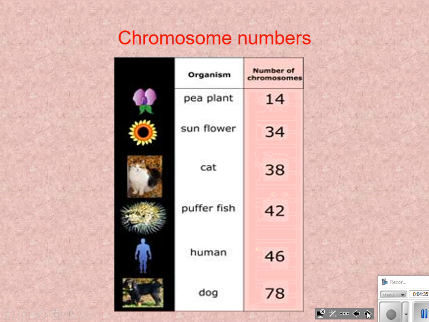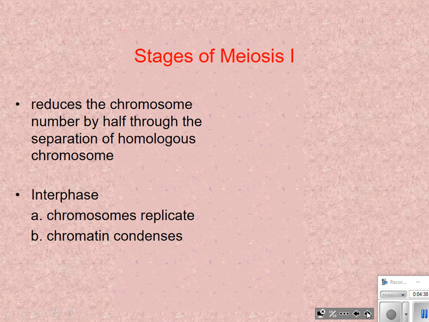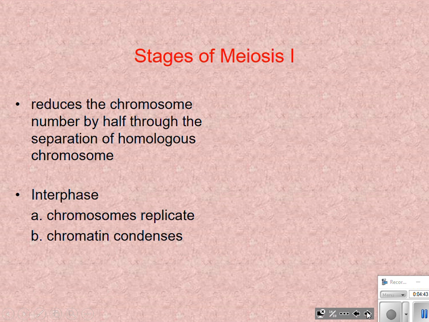All right. Now, let's get into the stages of meiosis 1. Meiosis 1 reduces the chromosome number by half through the separation of homologous chromosomes. Now, turn to the previous page in your notes. Okay? You should have a picture of what homologous chromosomes are, correct?